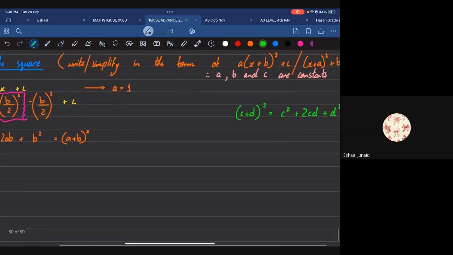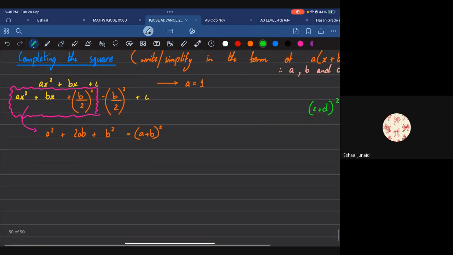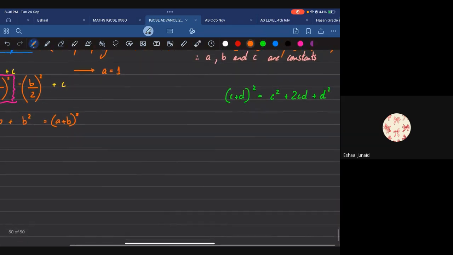Over here, what I have done is that I have written it as AX squared plus BX plus C. But instead of doing that, I have done this.